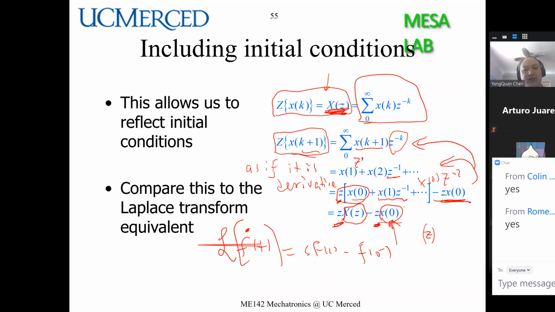So this is an initial value problem. Recall that for f dot, the Laplace transform will be s times Fs minus the initial condition. Here we have the same idea of the initial condition, but you also have the z here, so be careful, okay?